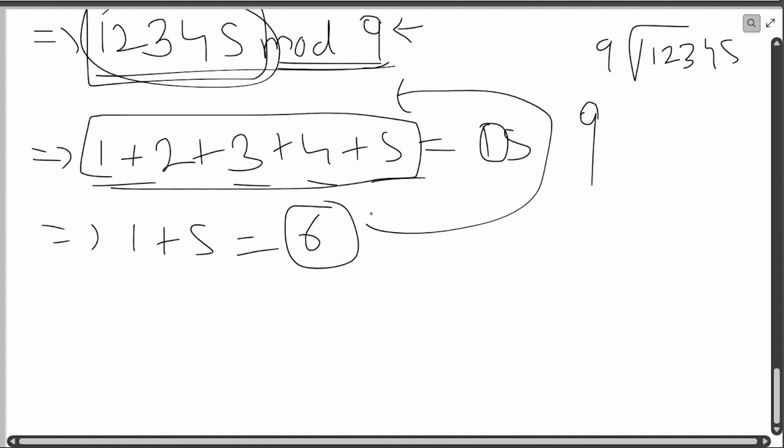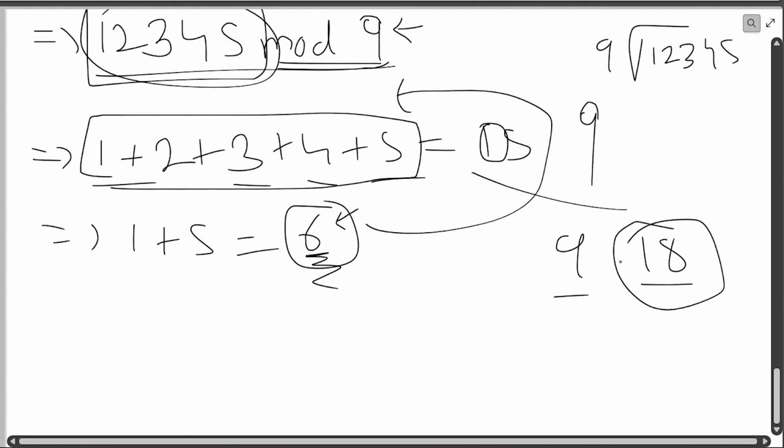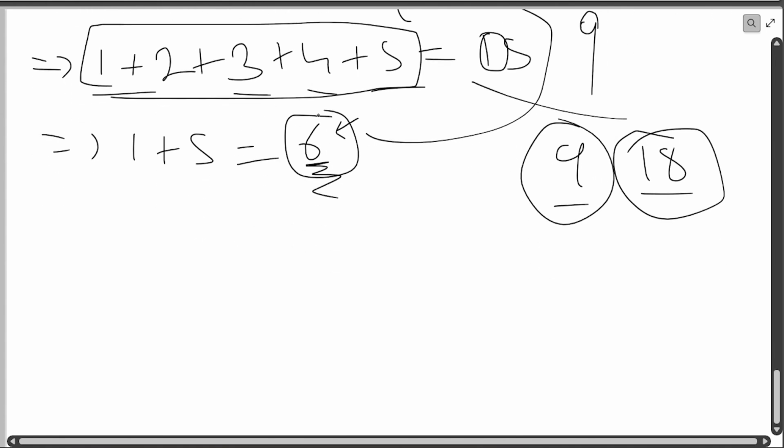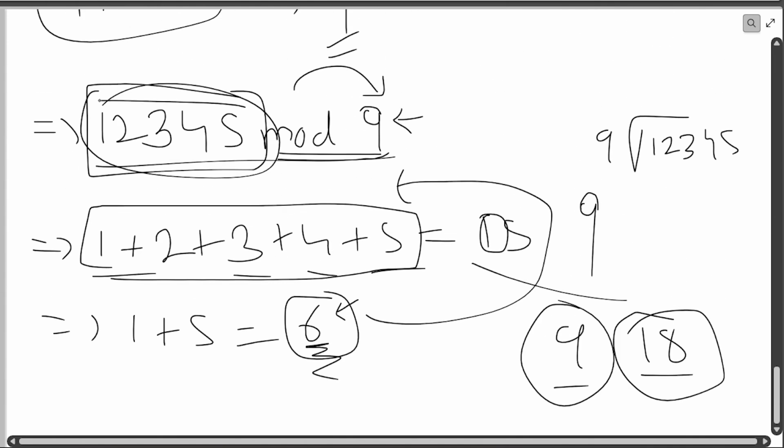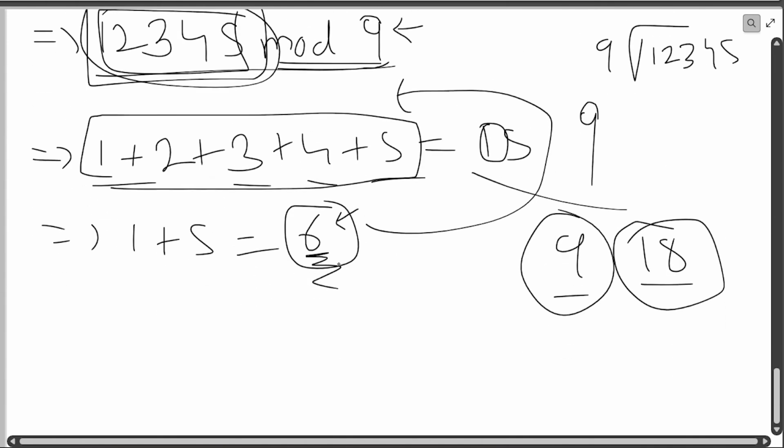But they forget to tell you that the number that you get over here is actually the remainder. So the rule holds true, right? If you get 9 or 18, a number which is a multiple of 9, as the remainder, then you can obviously still divide that by 9, so that number is completely divisible by 9. But since we got 6, this is not divisible by 9, but 6 is the remainder.